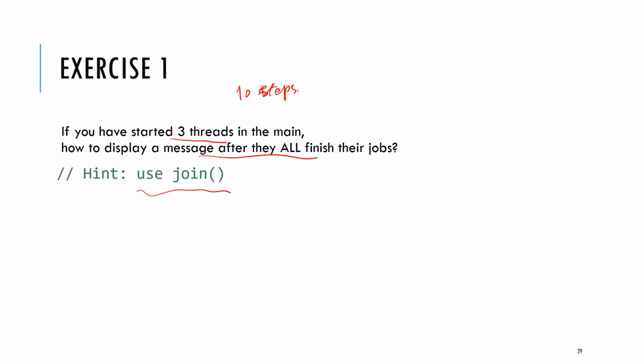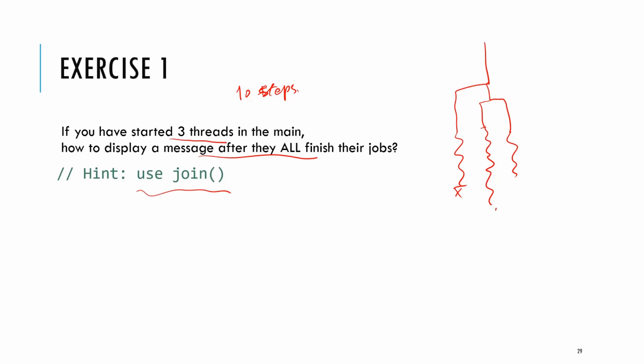So when the main program starts the first thread and then starts the second thread and then afterwards starts the third one, they will start working eventually in a certain order, and maybe one of them will finish here.